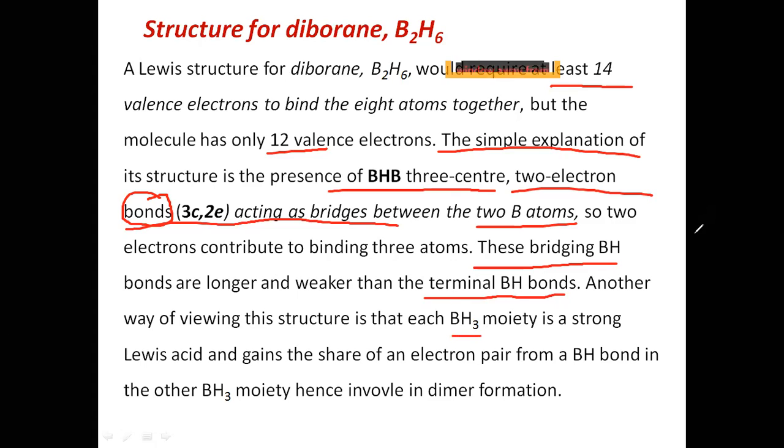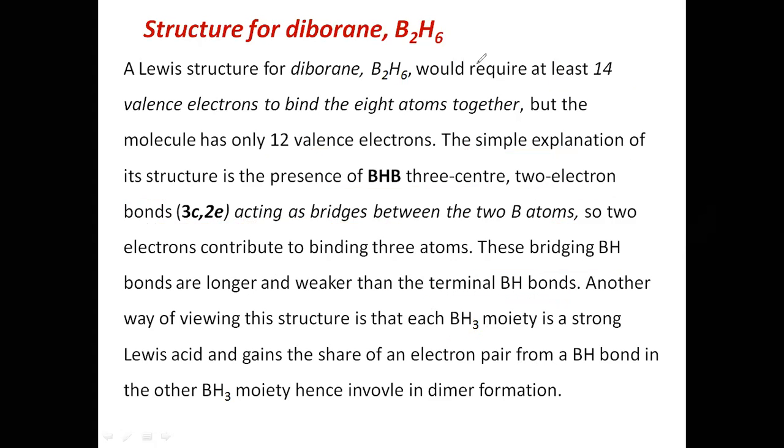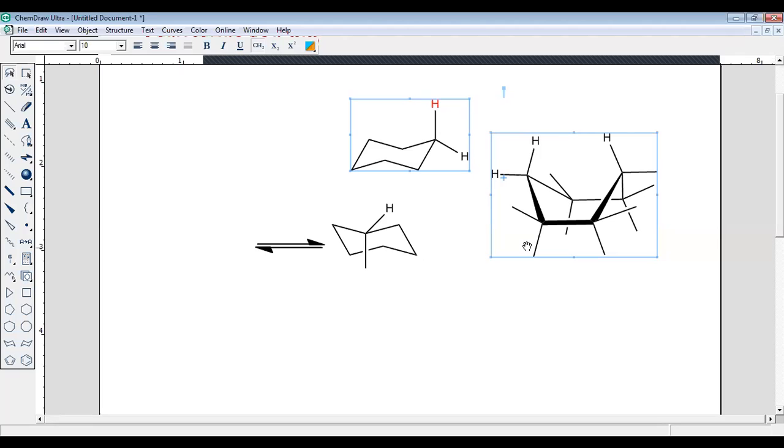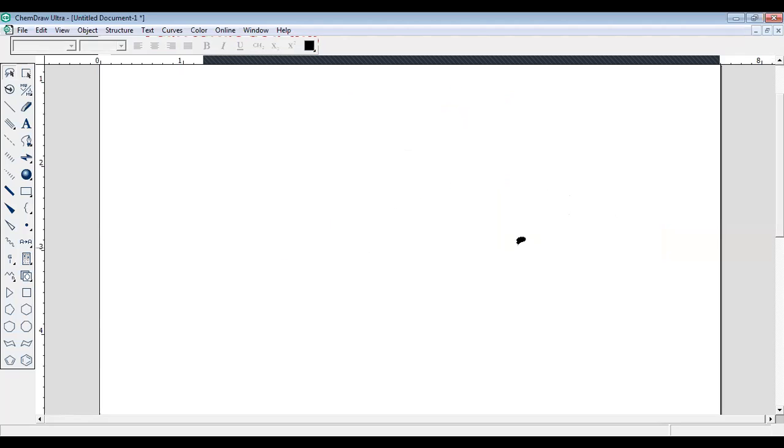this BH3 will share its one electron. We can think about it also. See here, we can draw here, no problem. If you think like this, you see here.